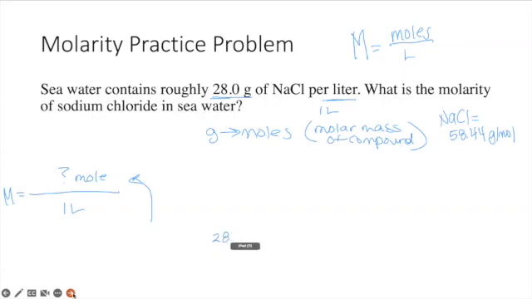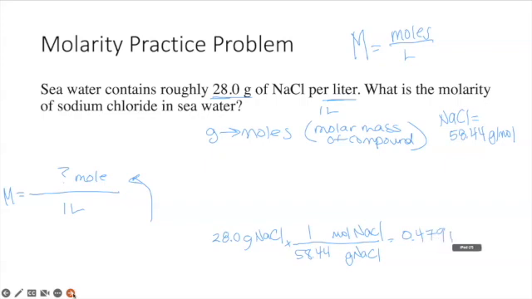I'll start with my given quantity, 28.0 grams of NaCl. I want to get out of grams of NaCl and into moles of NaCl. I know that 1 mole equals 58.44 grams. And that's going to get me 0.4971 moles of NaCl.